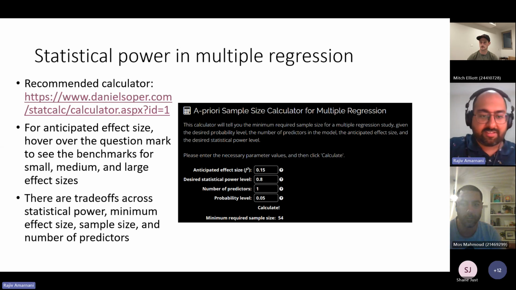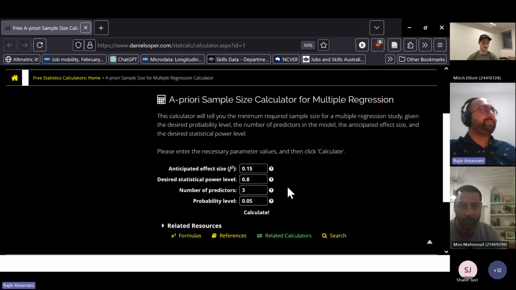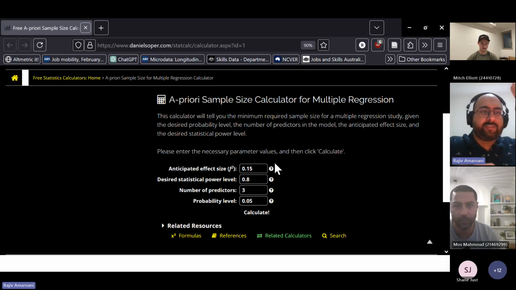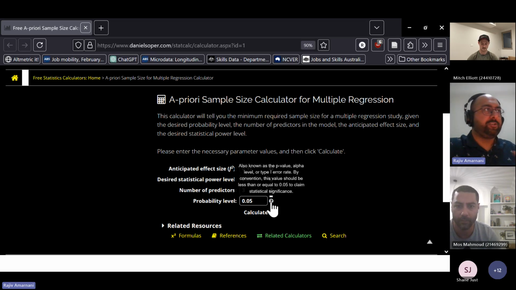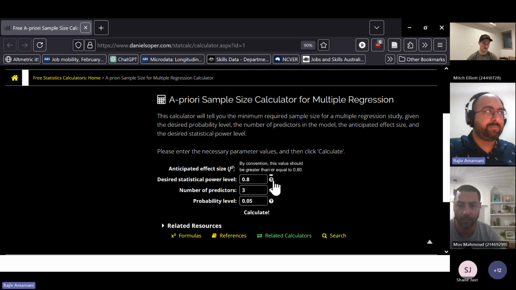And the way it works, I think I have this open already, is with power, you're trading off a bunch of things. You're trading off the size of the model, how big of an effect you're trying to find, how sure you want to be, how confident you want to be, the power you're looking for. So when you do this for yourself, the power level should not change.